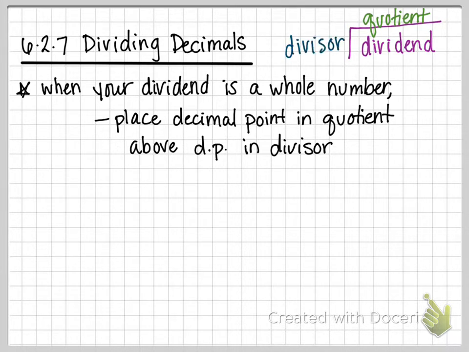So we're going to use those words as we talk about this division because there's specific rules that have to do with decimals when we're dividing. All right. Hold on to your pencils, please. For example, let's say we have this, 9 divided by 5.